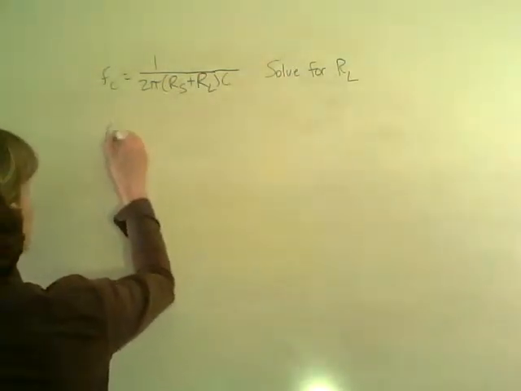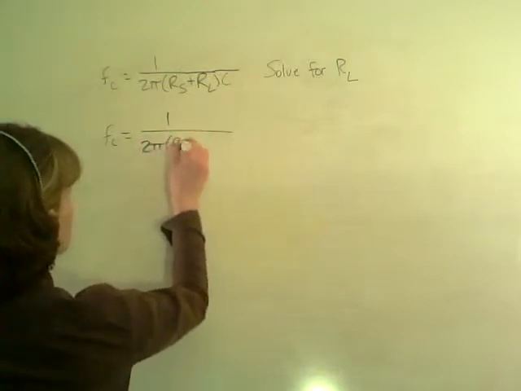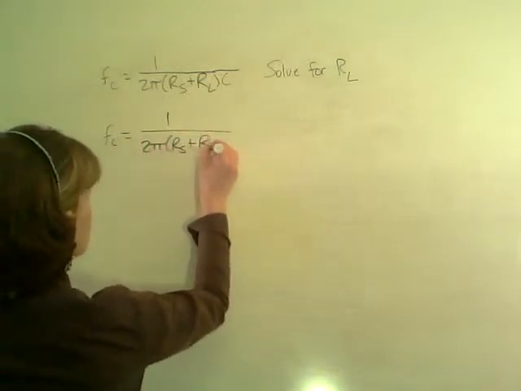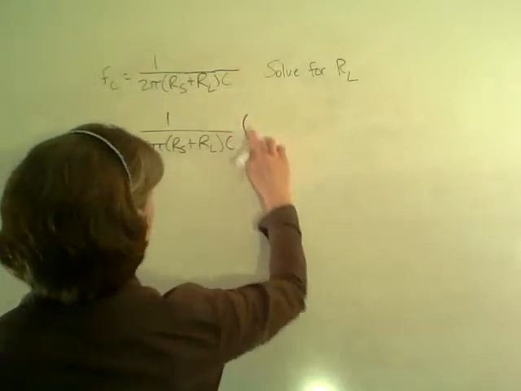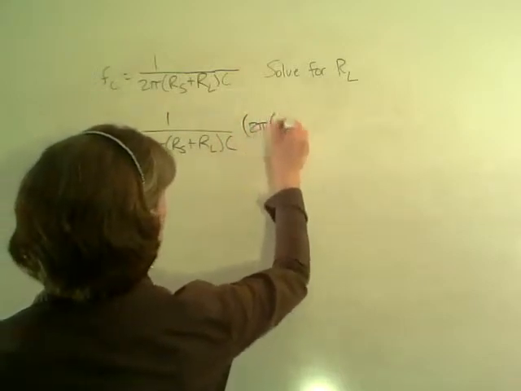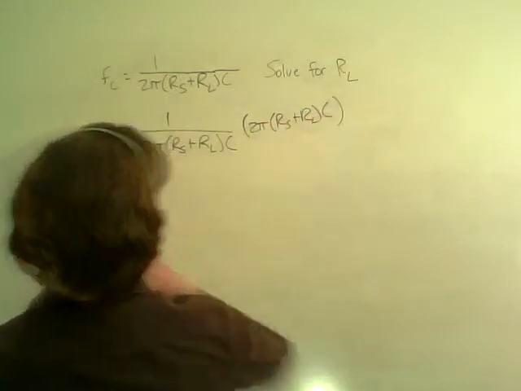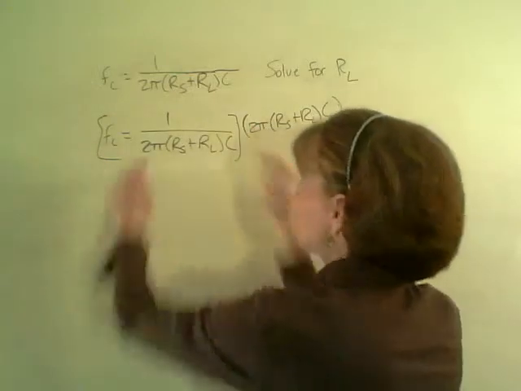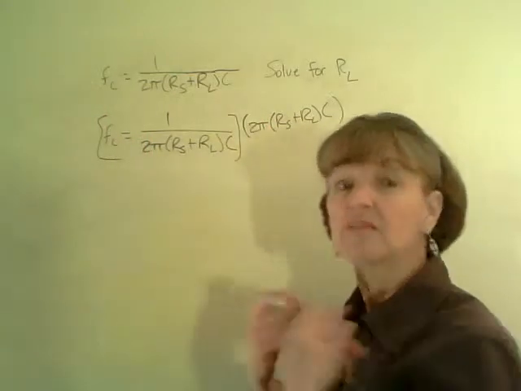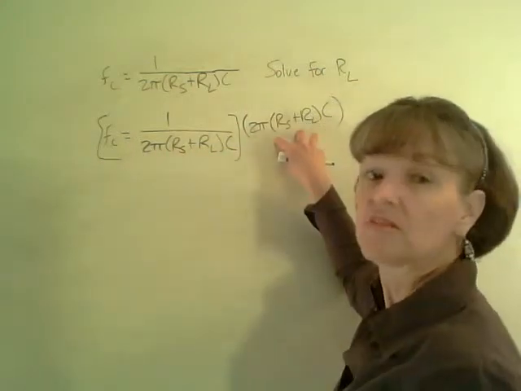So I'm going to multiply the entire equation by this denominator, which is 2 pi RS plus RL C. And so I do the same thing over here. Now this time I'm just going to put the whole equation in brackets, and I know that I'm multiplying both sides by this.